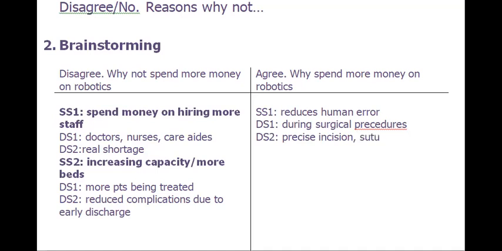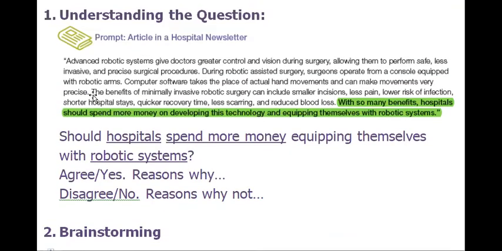You could also talk about the sutures after. There we go. And then for another point, I know the question focuses on robotics, especially for surgical procedure. Yeah, during surgery. So maybe let's keep it to that and let's focus on surgeries specifically, not diagnosis.